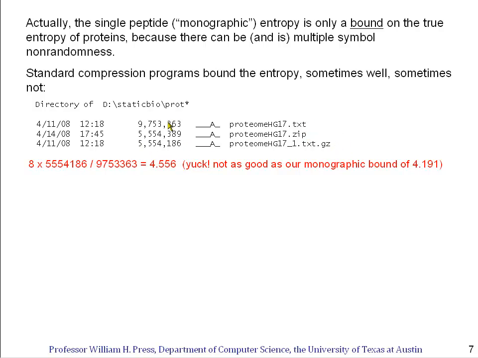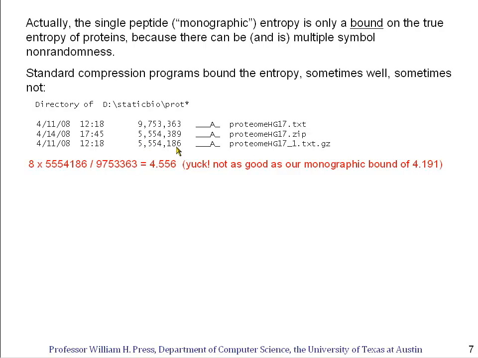By the way, these numbers came out so precisely close that my conclusion is that both of these programs are actually using the same algorithm. They're just putting a slightly different header on it. But be that as it may, we can now compute the entropy per bit as follows. The compressed message contains 8 times this length here. I think I chose the gzip one.